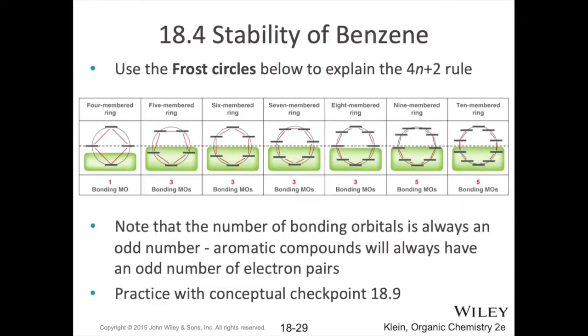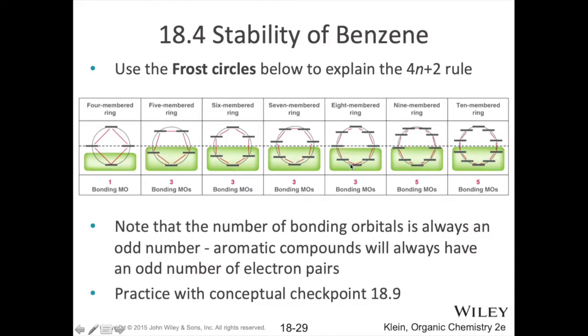Speaking of Huckel's rule, we can use these Frost circles to understand why Huckel's rule comes about. If you look at these Frost circles for any number of carbons, drawn out here for 4 through 10-membered rings, notice that all of these examples have an odd number of bonding molecular orbitals.